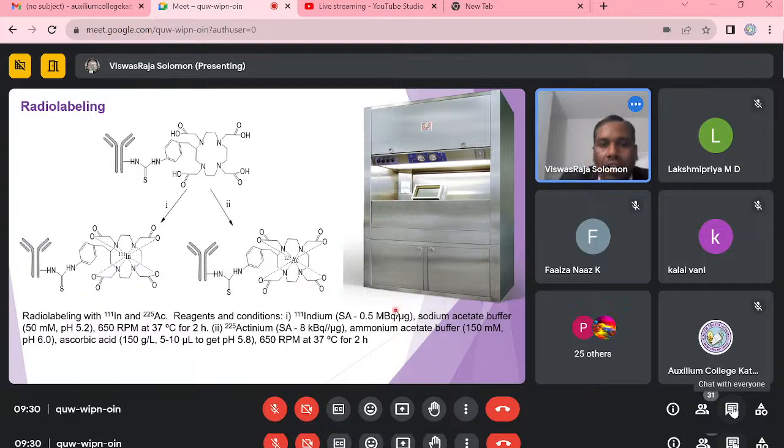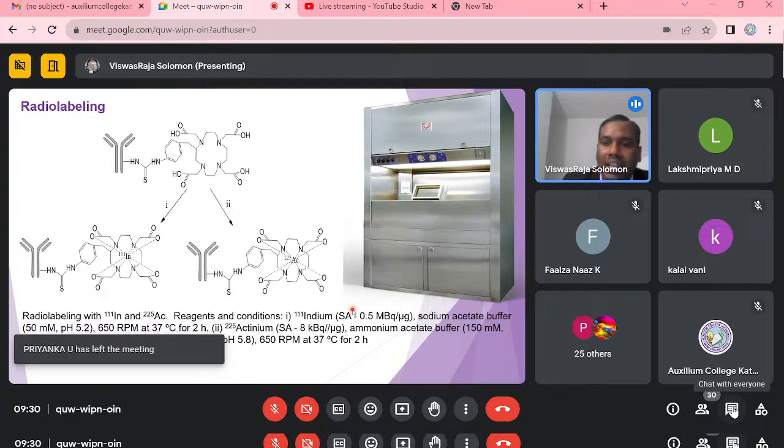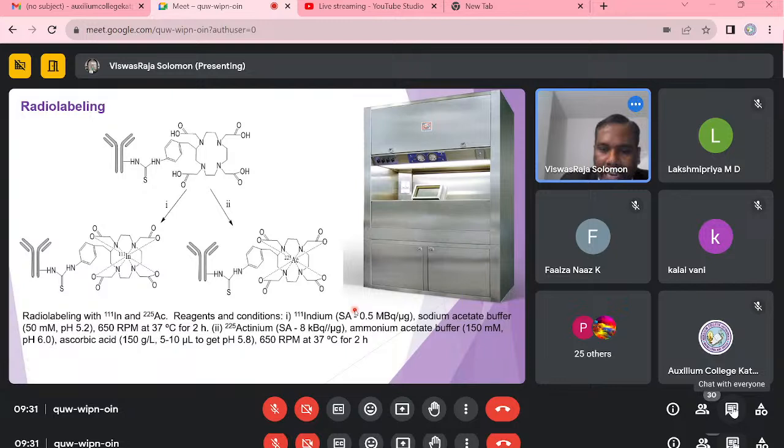For optimization of this labeling condition, we used 4 different parameters. The first one is specific activity, then pH, incubation time, and incubation temperature.